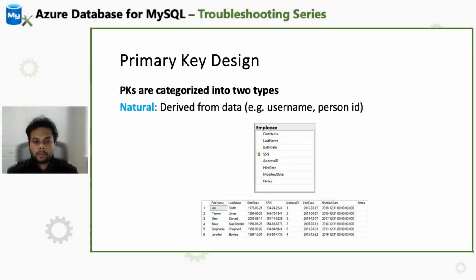Let us look at an example here. In this particular employee table, we are leveraging SSN to uniquely identify each record. Since SSN is a 9-digit value, you may see that it is a longer representation on the storage itself, and the retrieval can also be quite cumbersome with such primary keys.